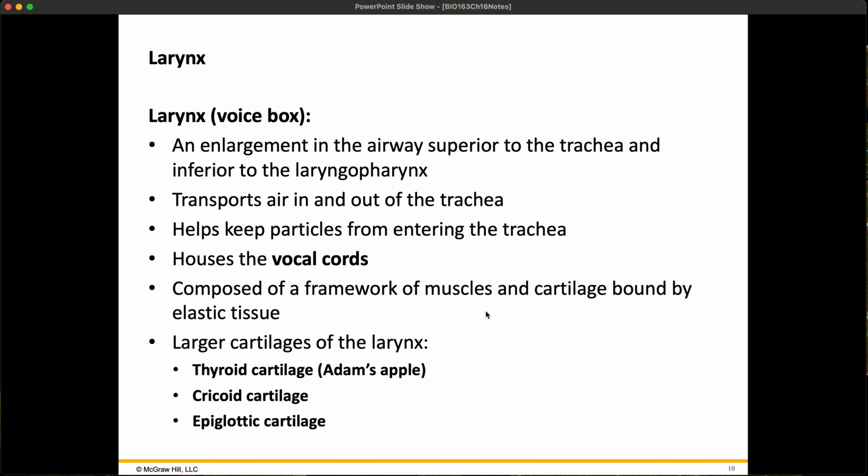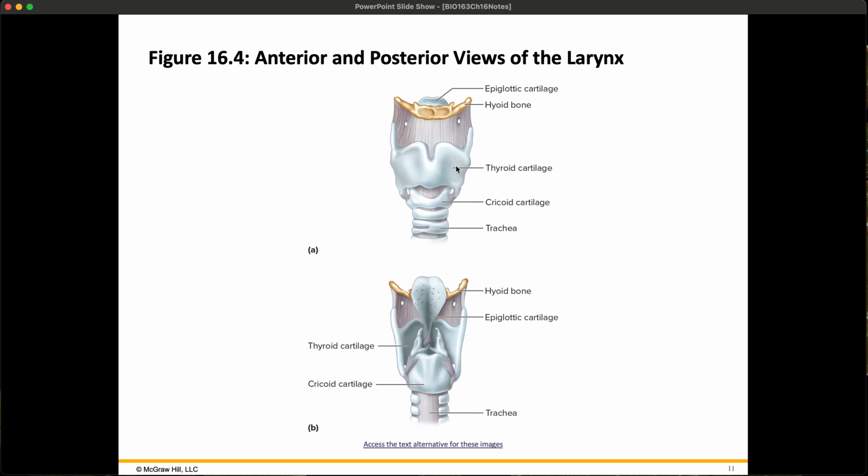It's mostly a framework of muscles and cartilage with some elastic tissue. The three big pieces of cartilage that we should look at are the thyroid cartilage, cricoid cartilage, and epiglottic cartilage. So the thyroid cartilage forms this large shield on the front of it. The little protrusion right here in the front, the laryngeal prominence, that's what they'll also sometimes call the Adam's apple.